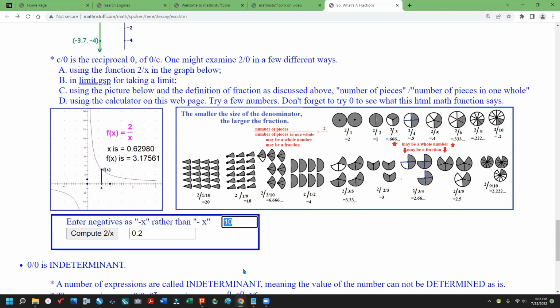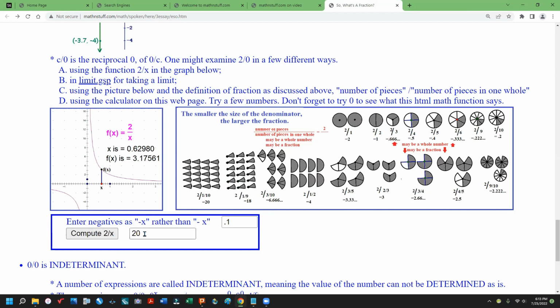Let's put in a small number now. Let's put in 0.5. That's only a half. 2 divided by a half is 4. Let's put in 0.4. 2 divided by 0.4 is 5. Let's put in 0.1.